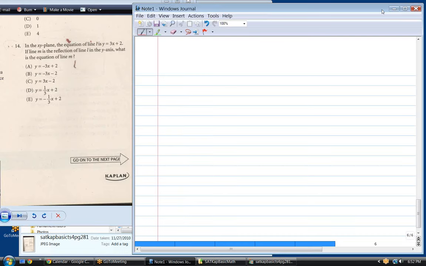Okay, number 14. We have an equation of a line, y equals 3x plus 2. If the line M is the reflection of line L in the y-axis, what is the equation of line M?